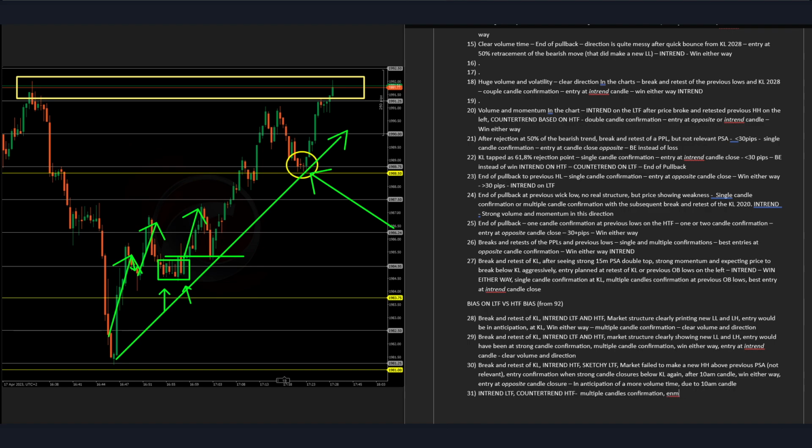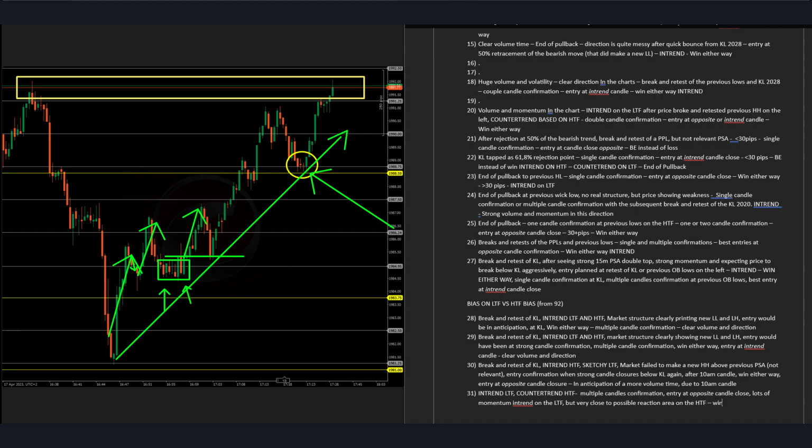Entry, best entry would be at opposite candle close. Difficult to enter, lots of momentum in trend on the lower time frame, but very close to a possible reaction area on the high time frame.